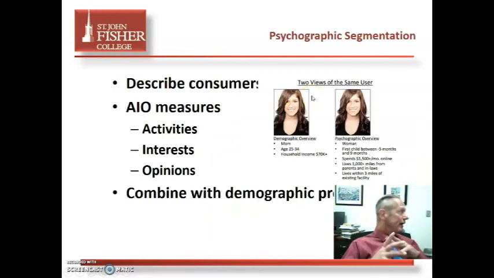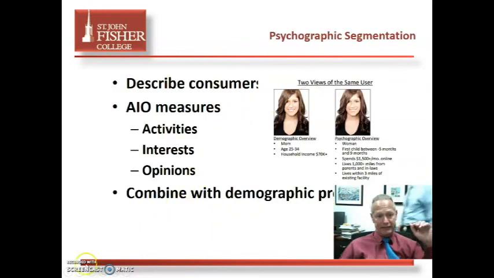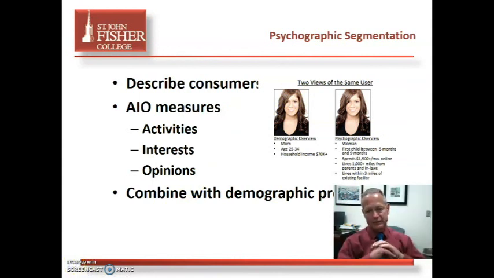Now, psychographic segmentation is completely different. As I was saying, psychographic segmentation describes consumers' attitudes, their hobbies, their needs, their wants, their interests, their opinions. It talks about people that ski or people that play sports or people that read books.